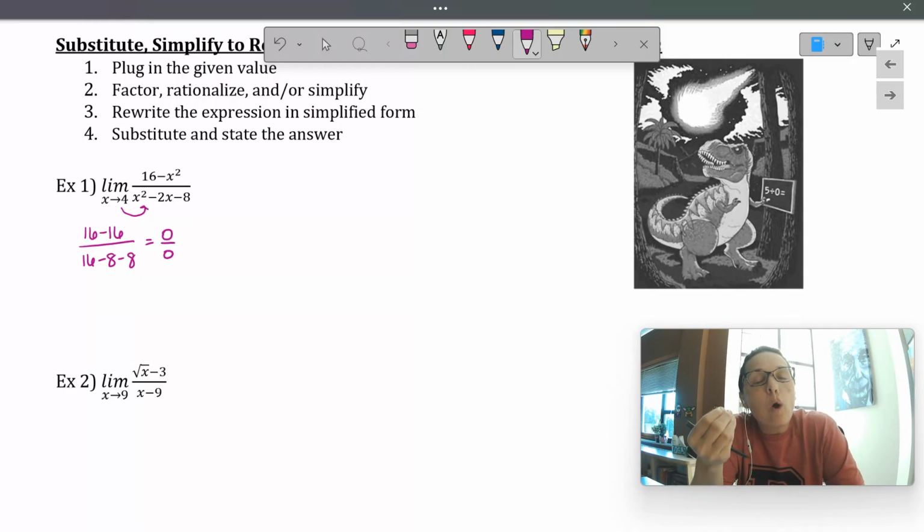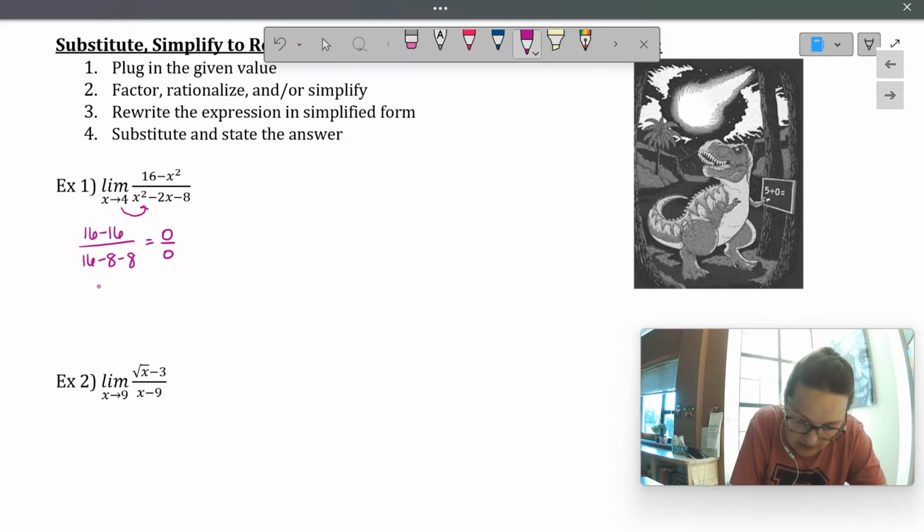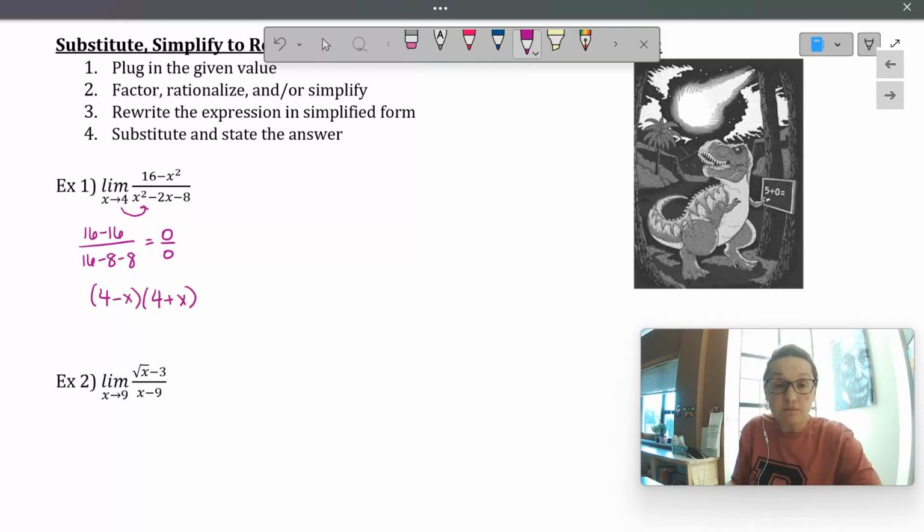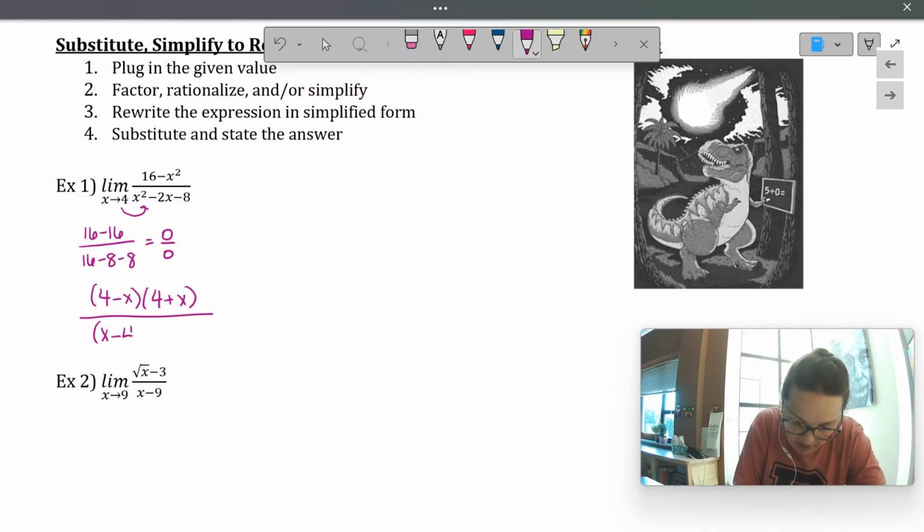And to see what's going to go on, is it broken in a fixable way or is it broken in an unfixable way, what we try to do is simplify the expression. We say, all right, if I take 16 minus x squared, that's going to be 4 minus x times 4 plus x. And if I take x squared minus 2x minus 8, that's going to be x minus 4 times x plus 2.